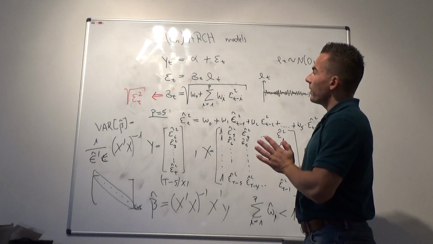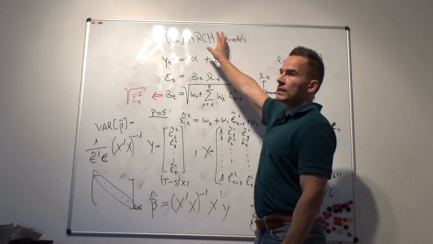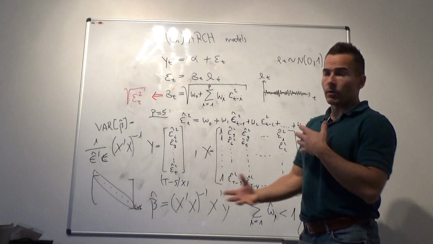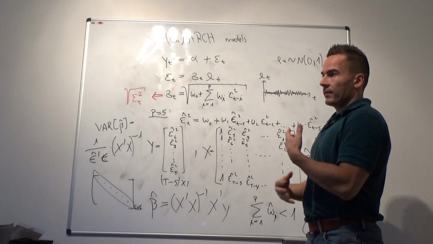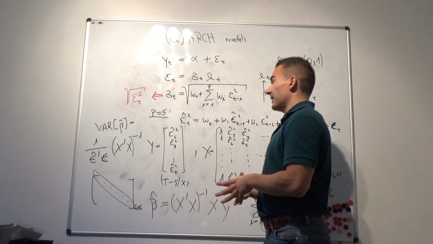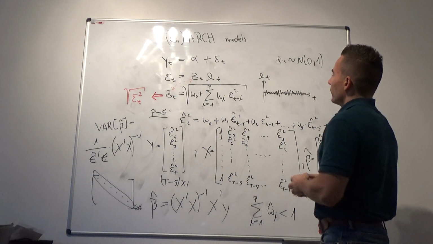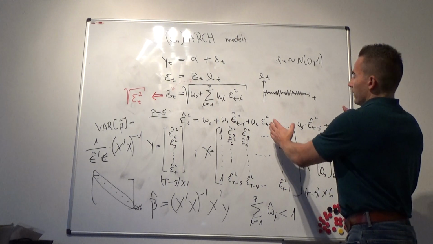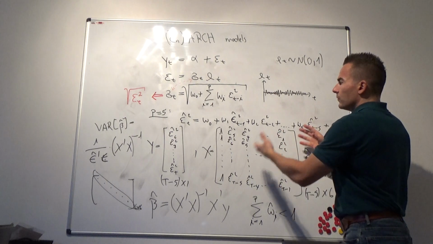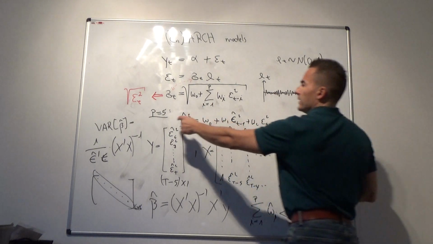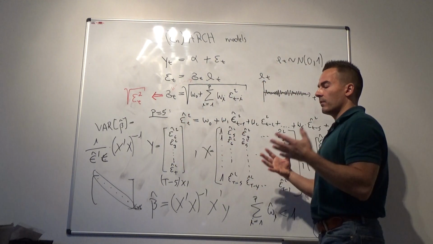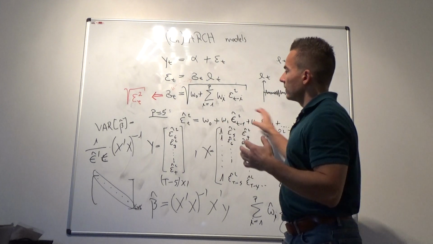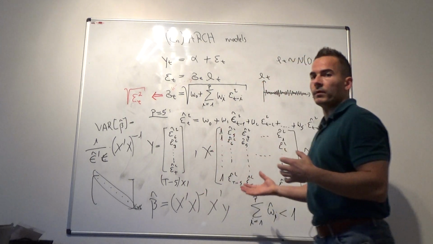there was a follow-up paper which introduced so-called GARCH models. So what's the difference between a GARCH model and an ARCH model? It's pretty much the same thing, or at least very similar. A GARCH model is useful if we have a very long order P, a very long dependency structure in the second moment.